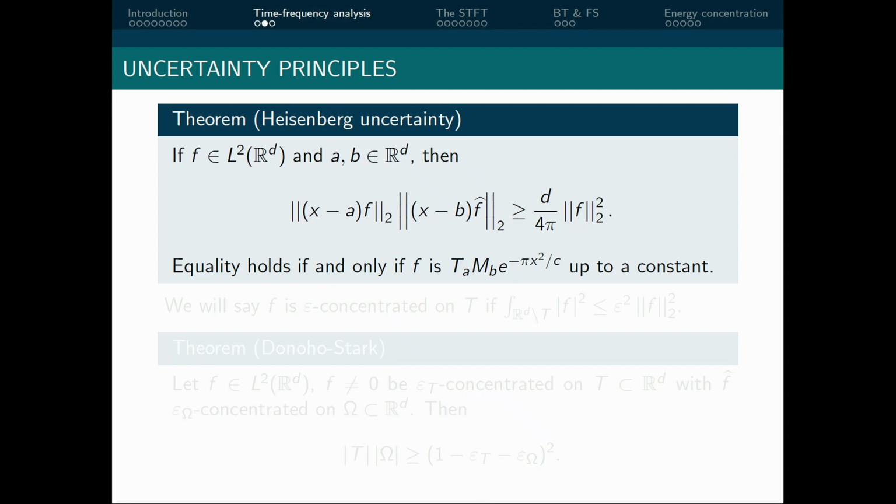You can think of this as a probability distribution. If the absolute value of f squared is the probability density of a particle being at some point, then physics tells you that the Fourier transform is the same with the momentum. So the product of the variances is bounded below.